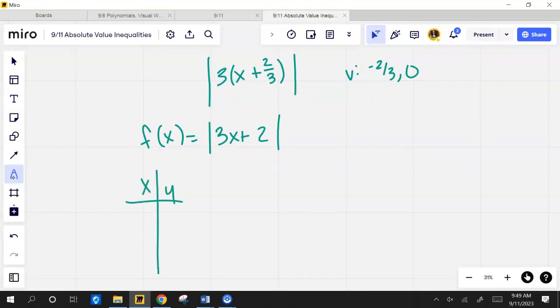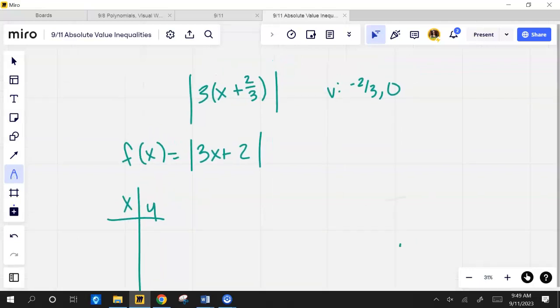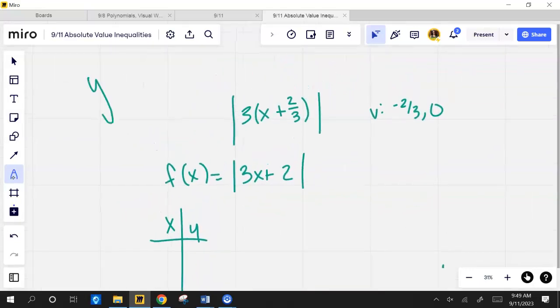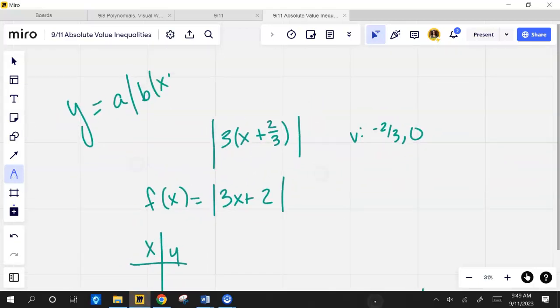So whenever I graph this, you can have a number here, but if you have a number with the x, you have to factor it out, exactly. This is actually a minus. Sorry. Wait, you can have a number outside the absolute value?